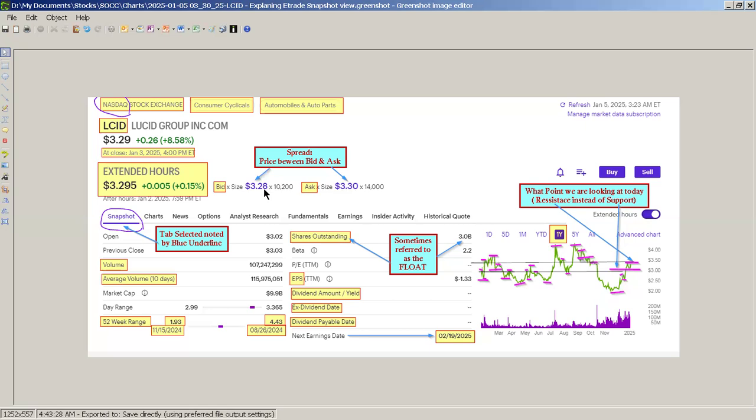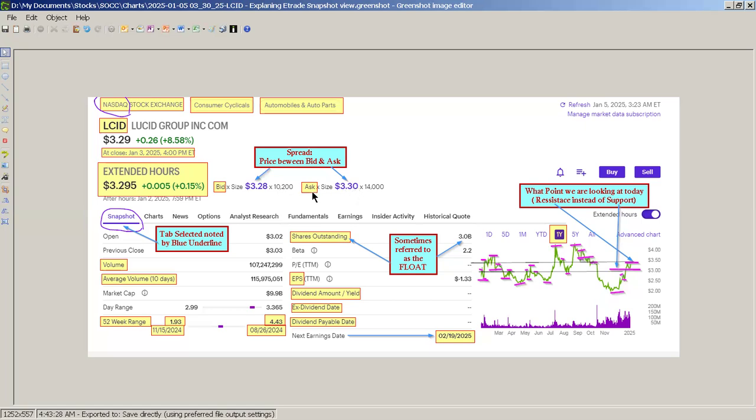That number could be 20 cents, could be $1. And the reason you want to watch the bid size and the ask size is because if you went in and said, I want to buy this stock, they're going to sell it to you at the higher price. So you would normally go in and say, okay, I know I can buy the stock at $3.30.